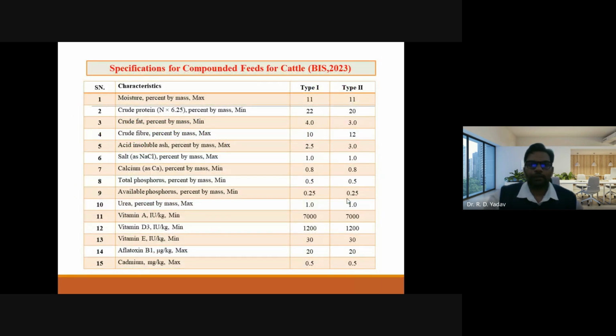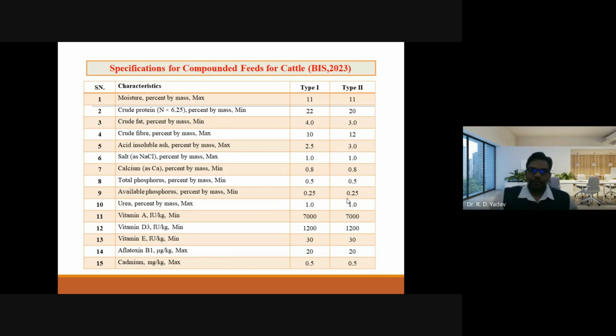So BIS, Bureau of Indian Standards, has given some standards for formulating concentrate. They have provided two types of cattle feed, type 1 and type 2, and recently they have modified it as per the BIS 2023.